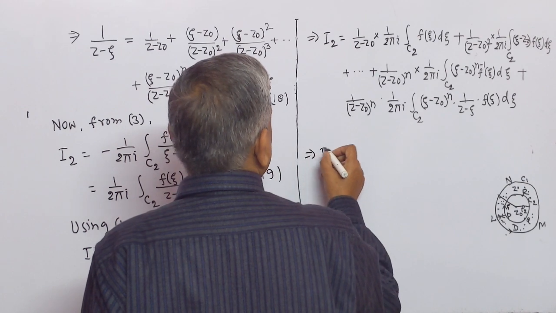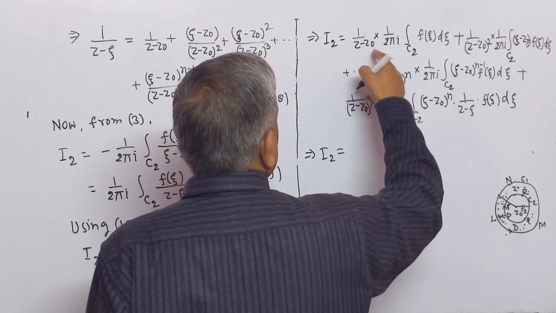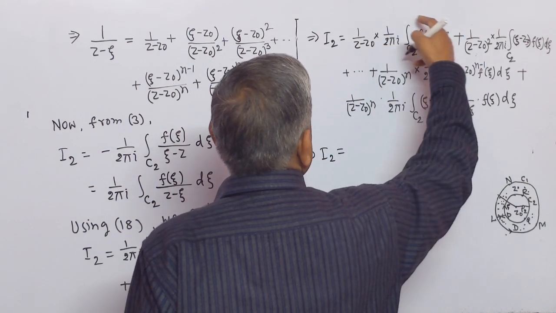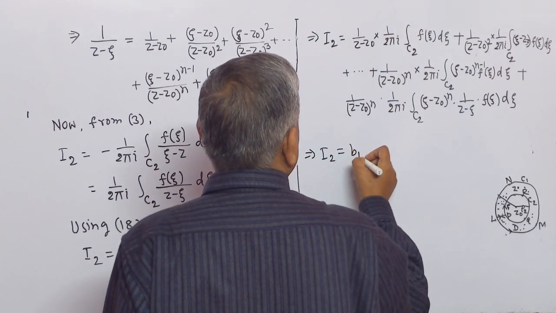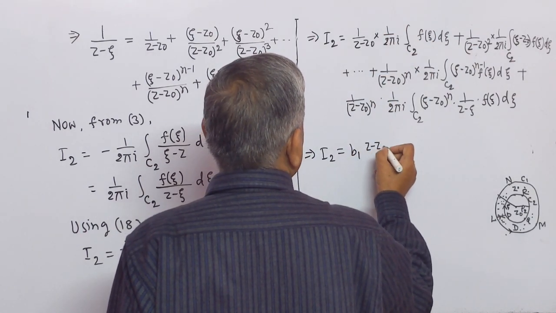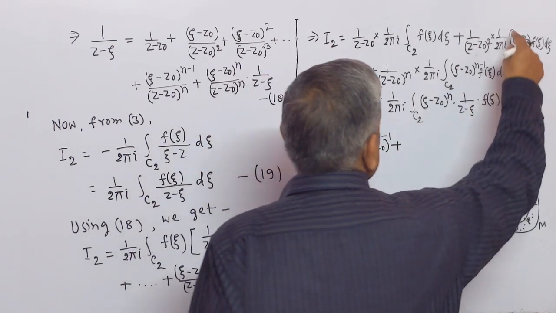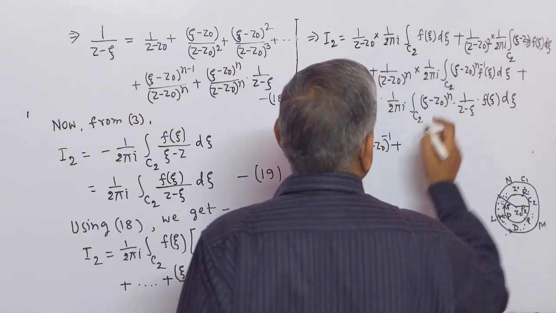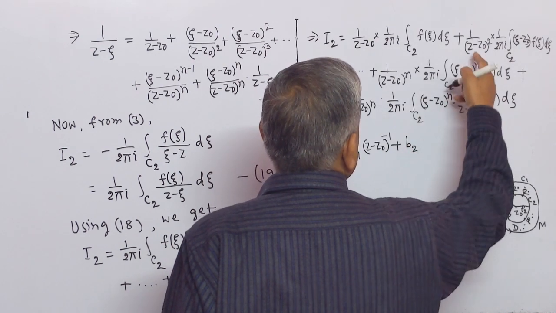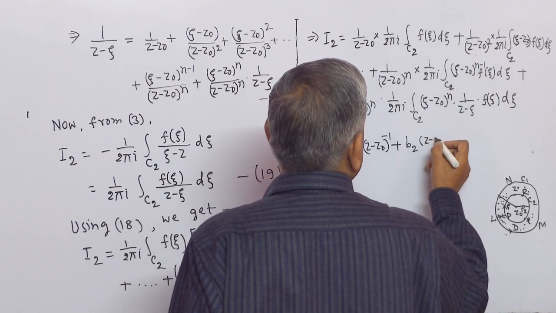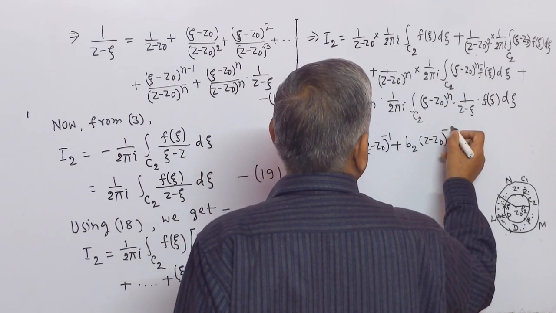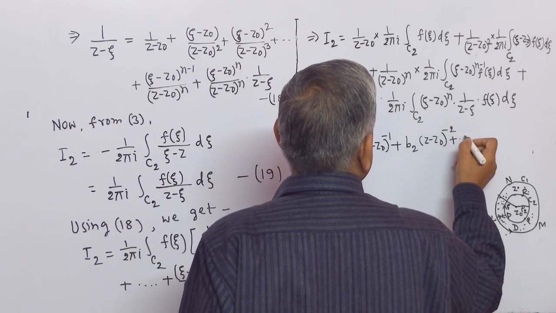Implies that I2 equal to, let this quantity be b1, z minus z naught whole to the power minus 1, plus this quantity is b2, this is z minus z naught whole to the power minus 2, plus dot dot dot.